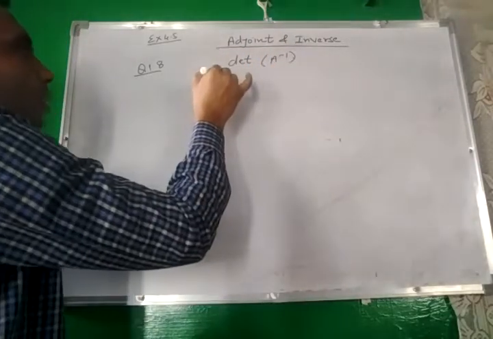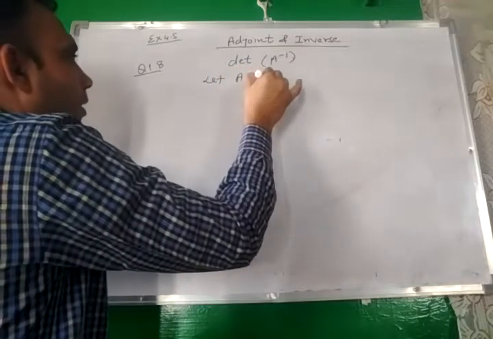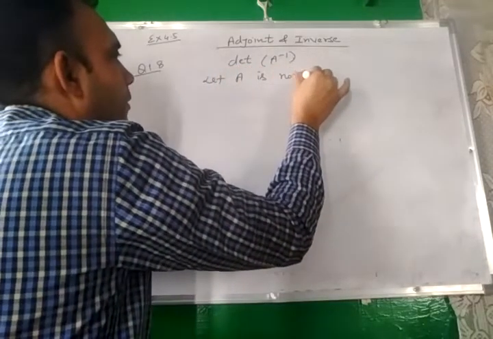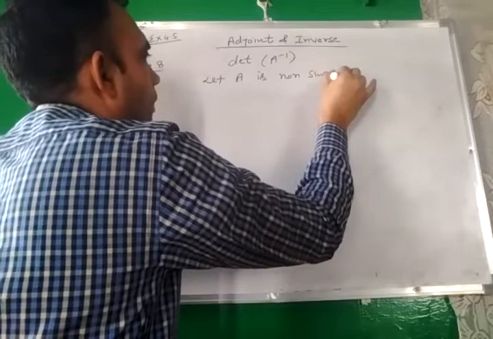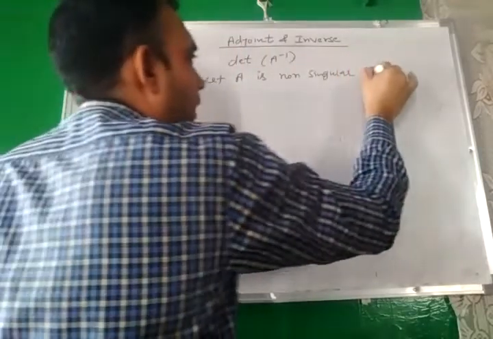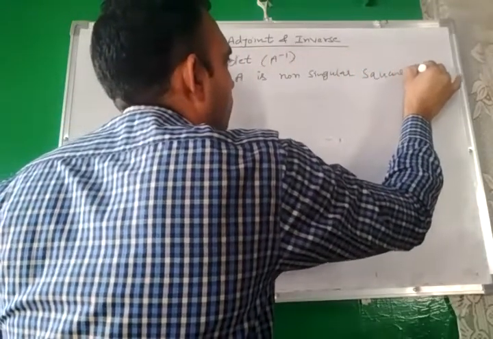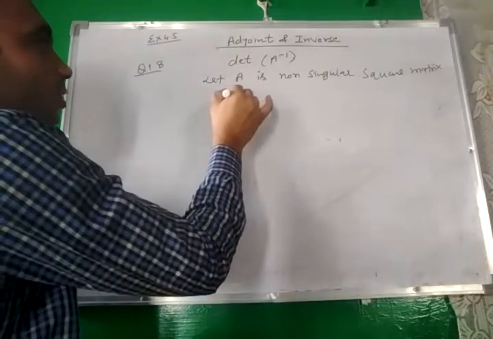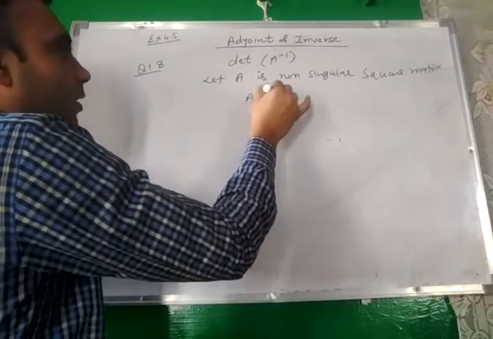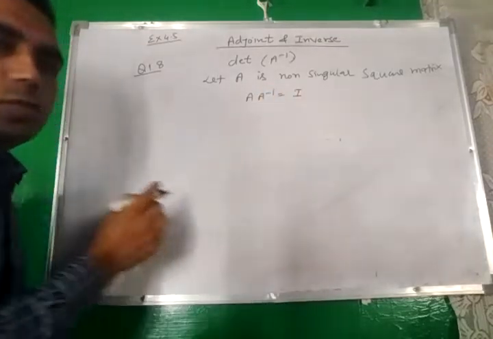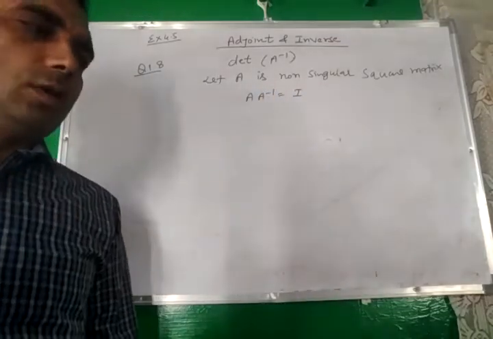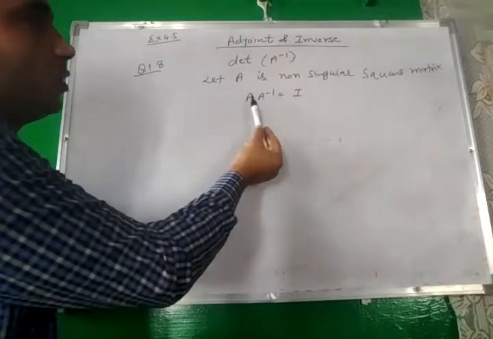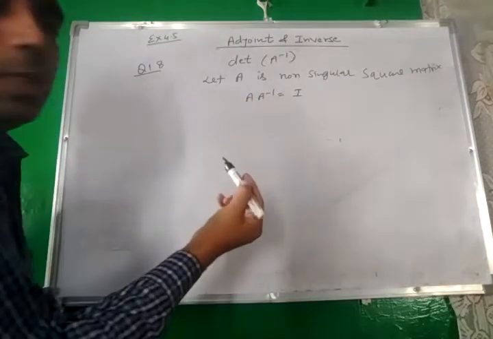Let A be a non-singular square matrix. Then there exists an inverse such that A times A inverse is equal to I.